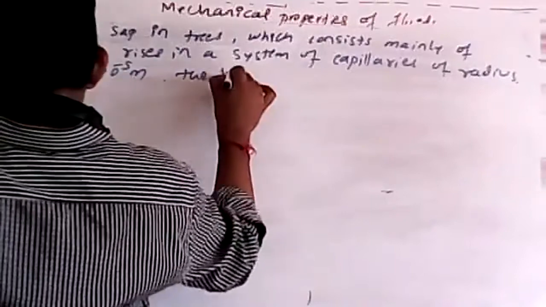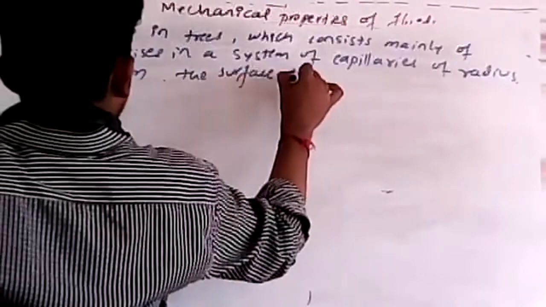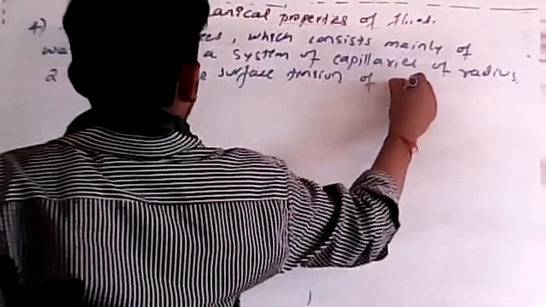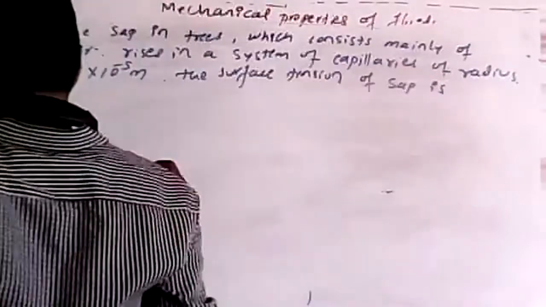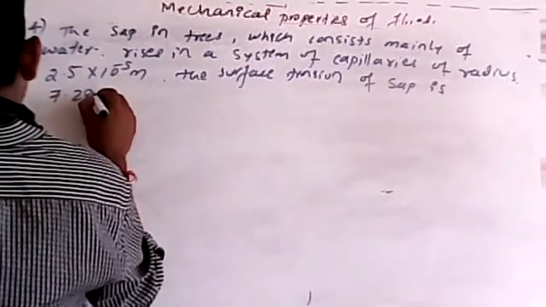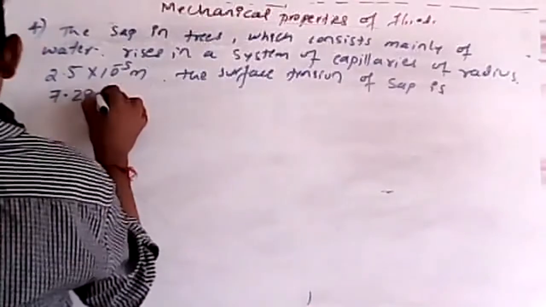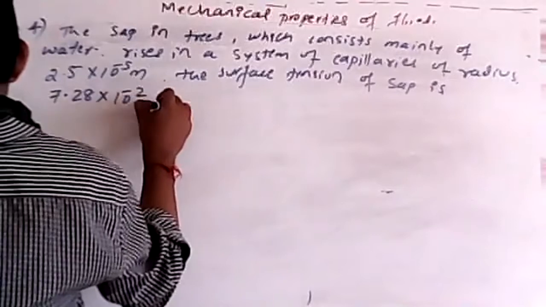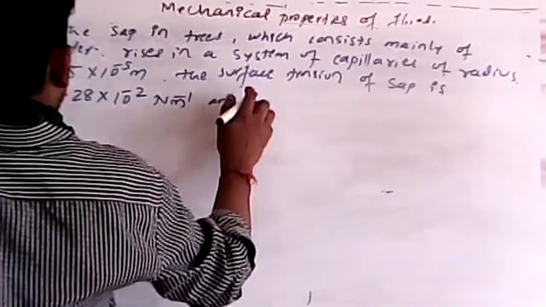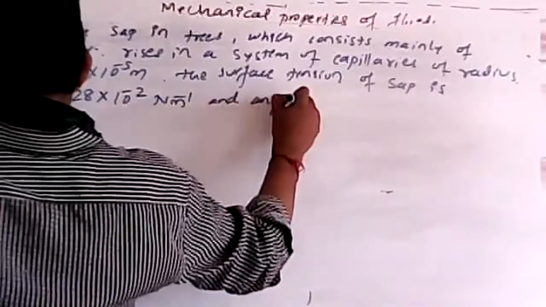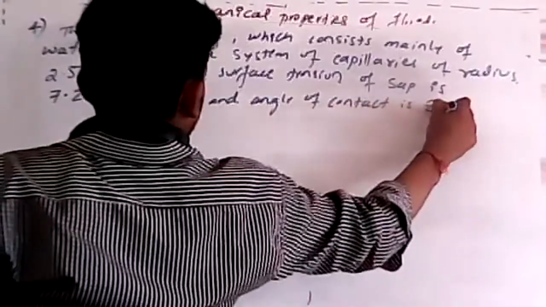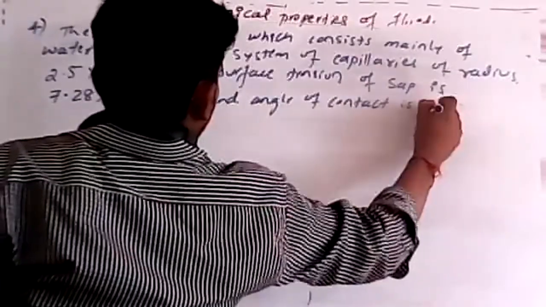The surface tension of sap is 7.28 into 10 raised to minus 2 Newton per meter, and angle of contact is 0 degree.